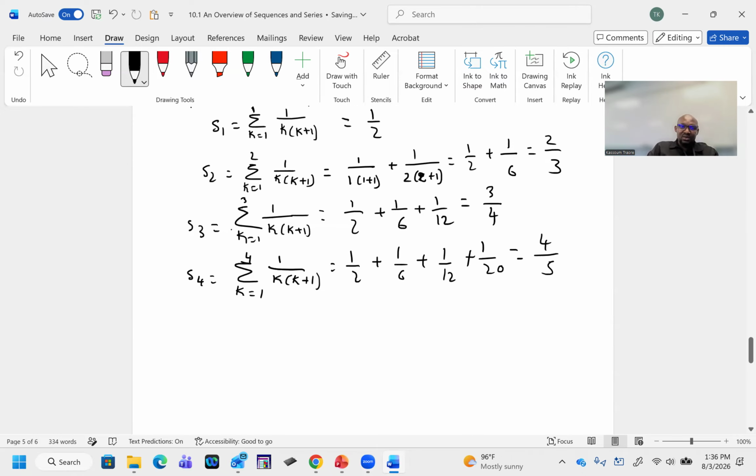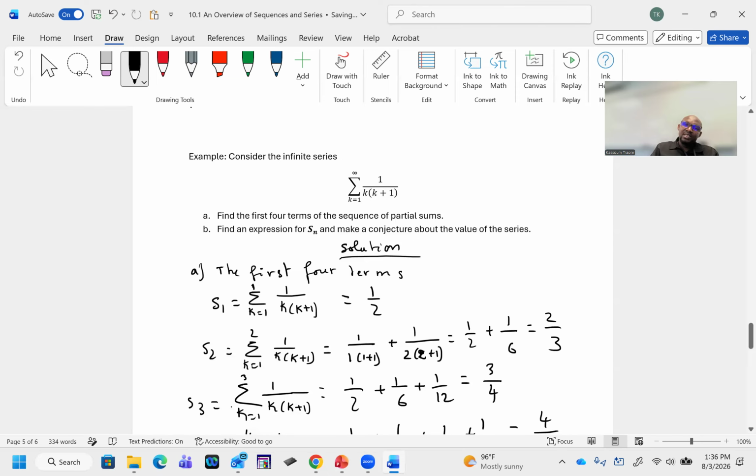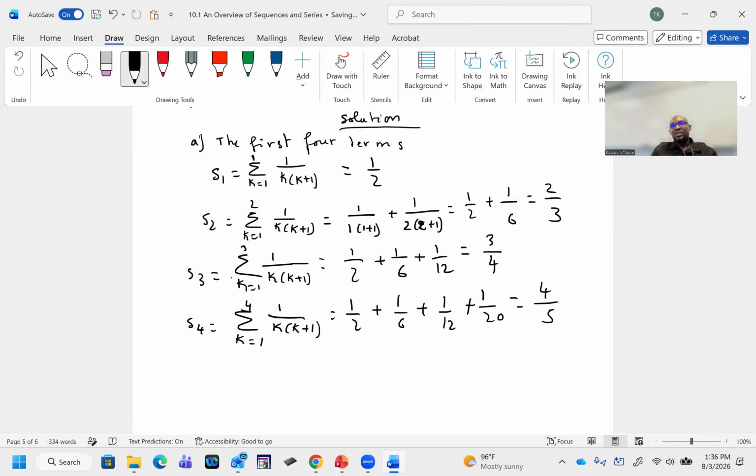So B, we are asked, these are the first four terms. B, find an expression for Sn and make a conjecture about the value of this series. So if we check this pattern, right?